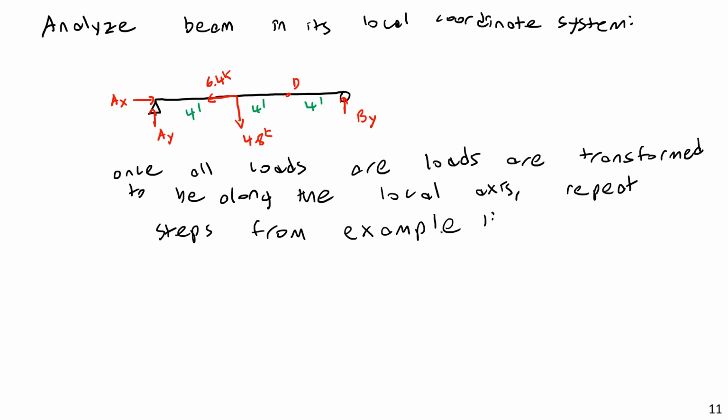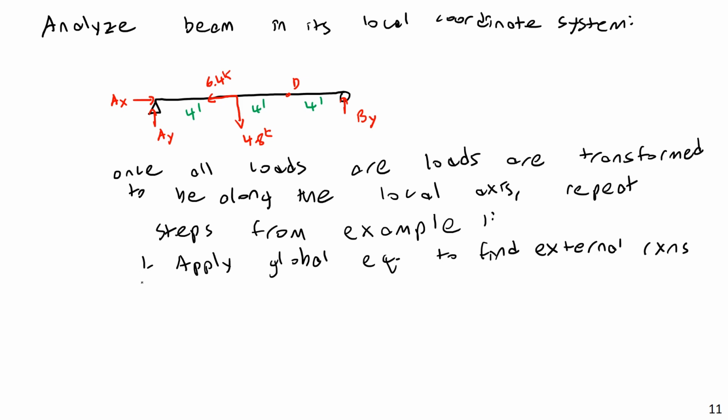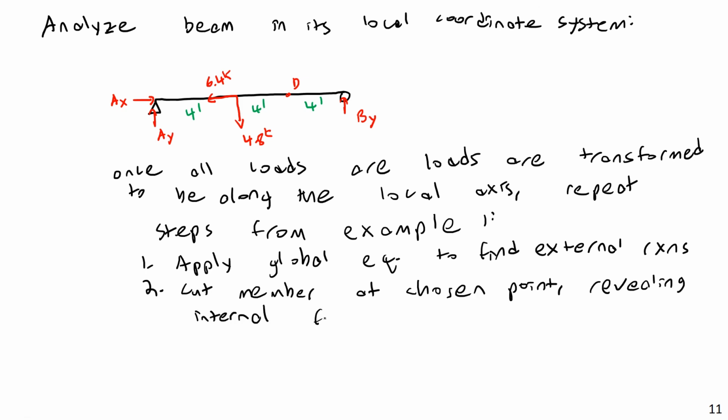And the basic steps are, as a review: 1, apply global equilibrium to find external reactions; 2, cut the member at the chosen point, revealing internal forces; and 3, apply equilibrium again to find internal forces. And that is the basic method.